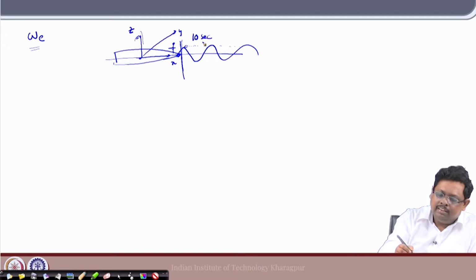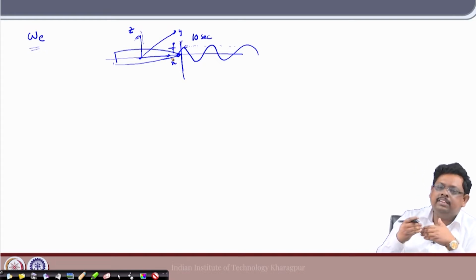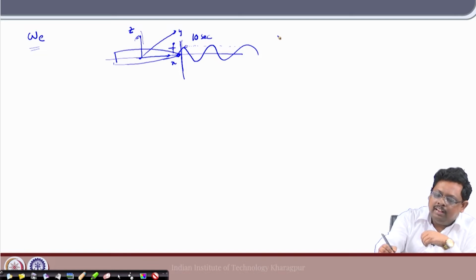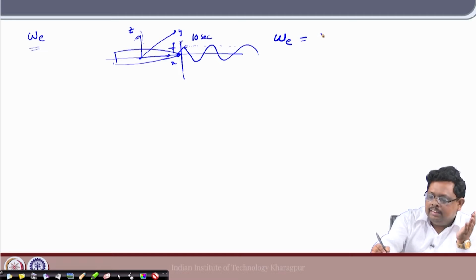So, that means the observer can see that every 10 seconds a wave is hitting the ship, and subsequently the encounter frequency omega e is nothing but 2 pi by 10 seconds.